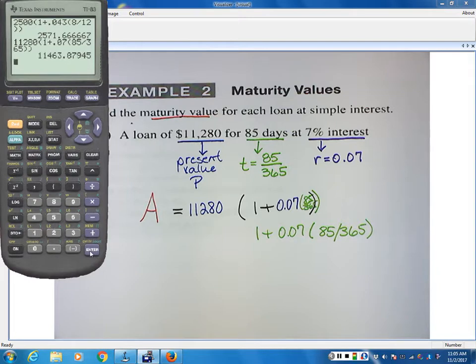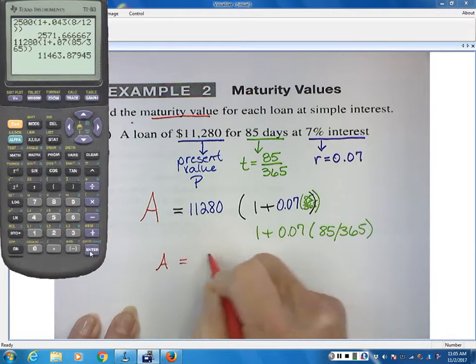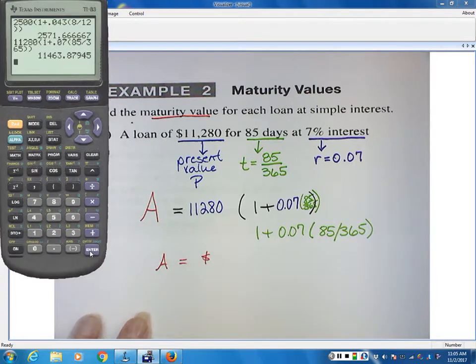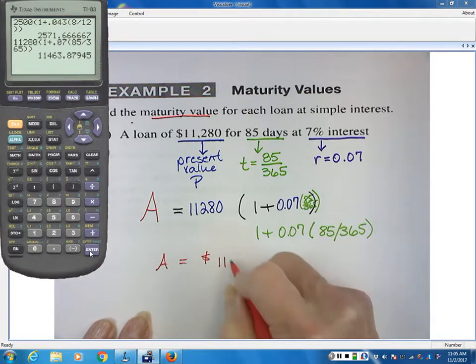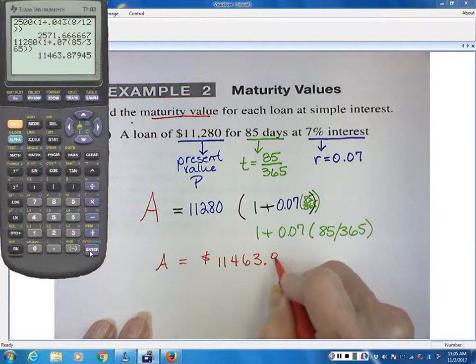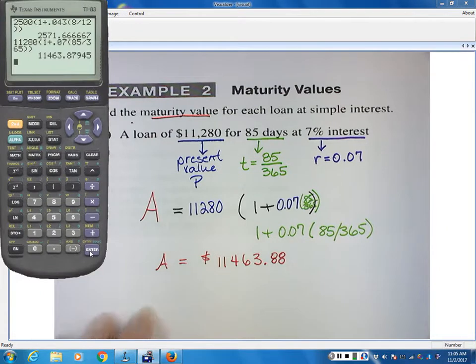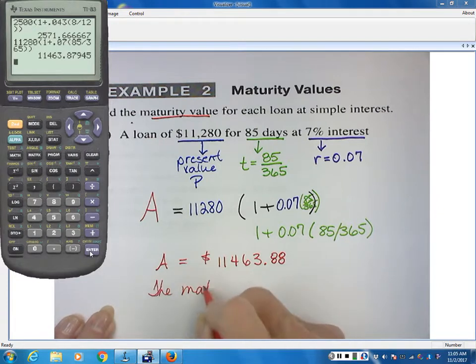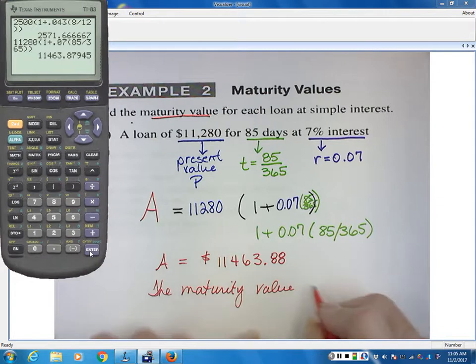So the maturity value for this loan is $11,463 and 88 cents. And the maturity value is the amount that you're going to repay.